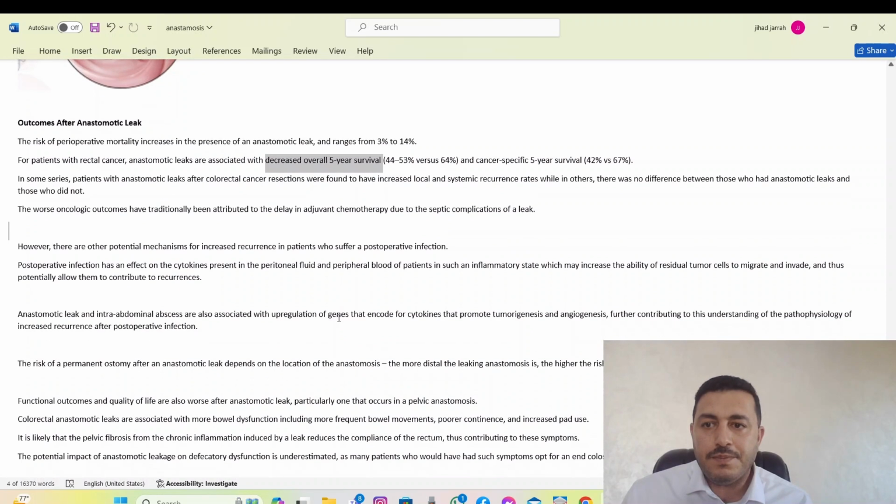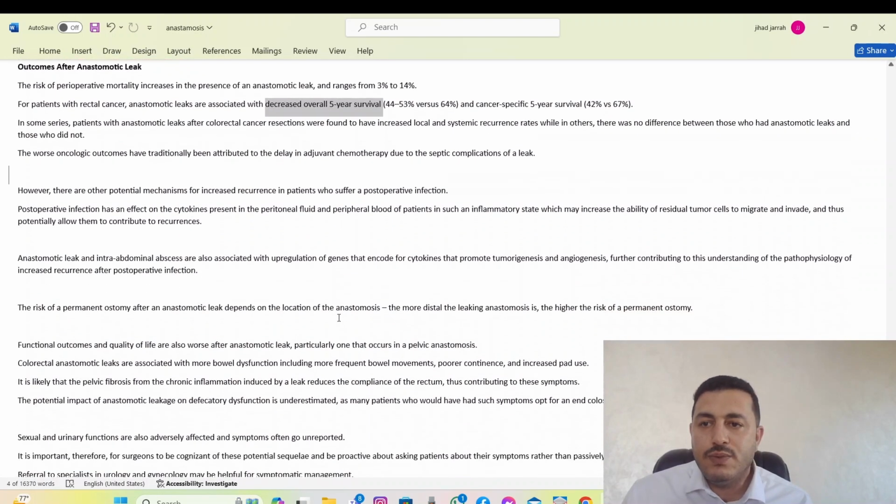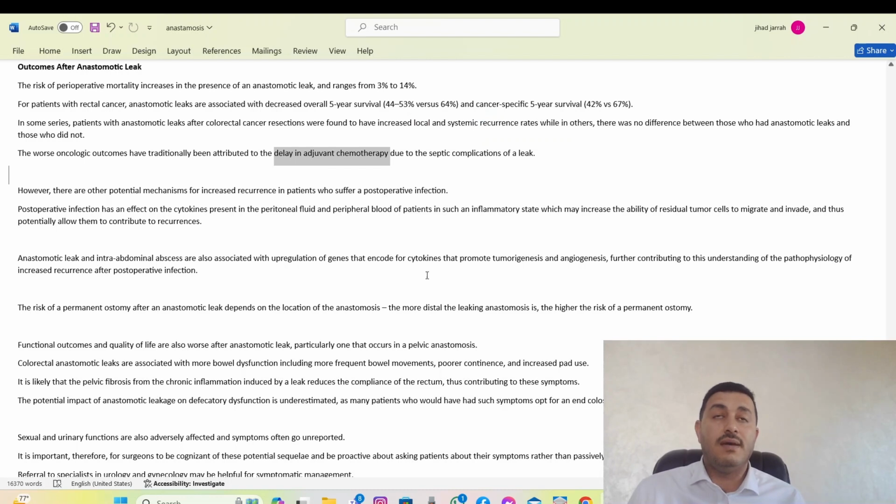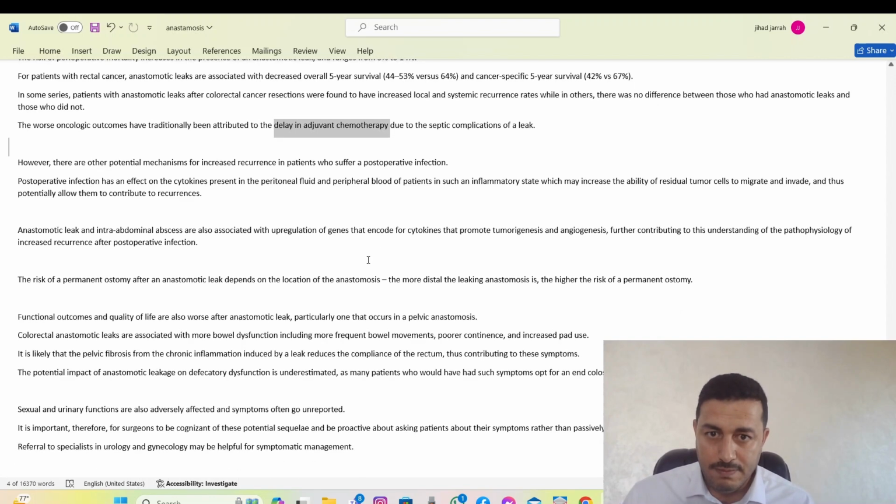Okay, what else can we say? Also, as you see here, the worse oncological outcome has traditionally been attributed to delay of the adjuvant chemotherapy. If we have a leak and the patient needs to go for chemotherapy after our surgery, delay in adjuvant chemotherapy is a big problem.